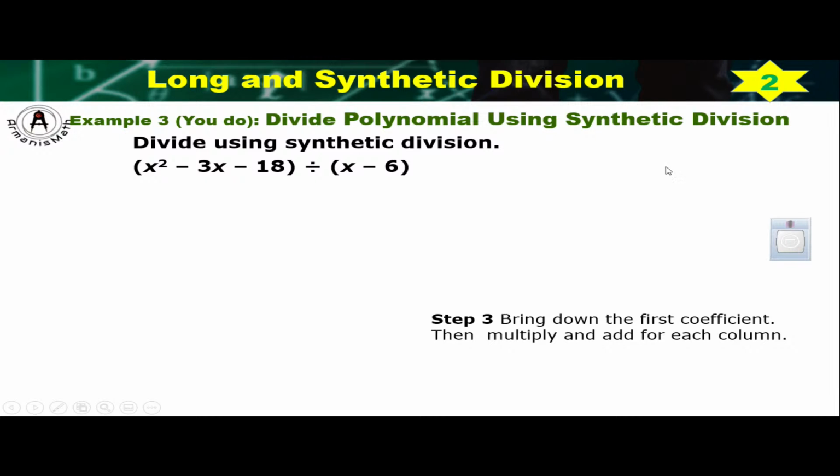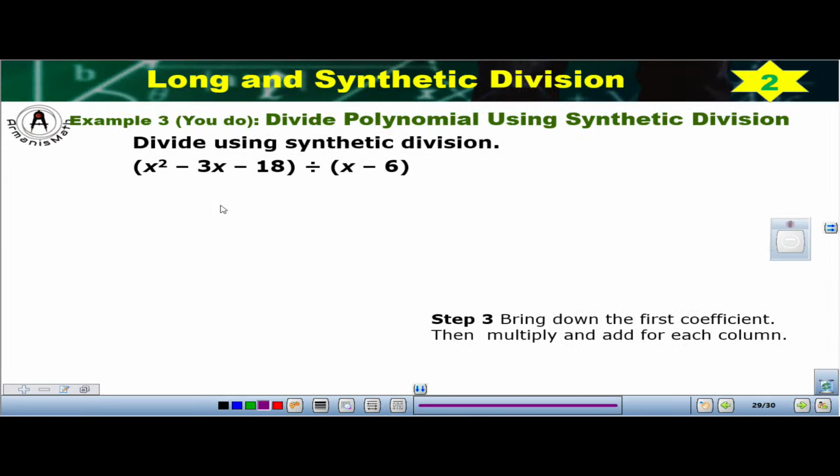Let's do this one again. I want us to do this problem here. So I'm going to use synthetic. This is standard form, so what would I put here? I've got a 1, I've got a negative 3, I've got negative 18. Okay, let's see what we're going to get for this one.